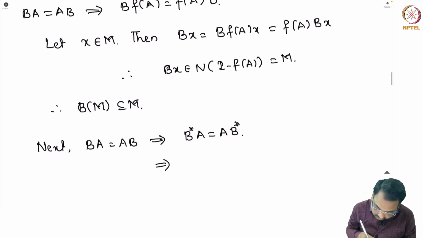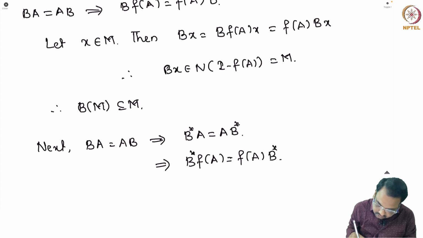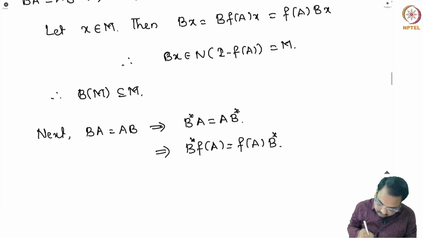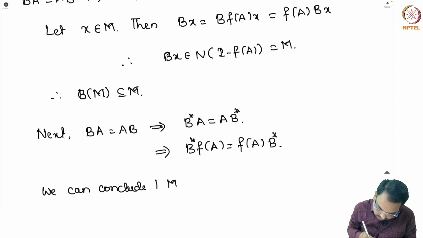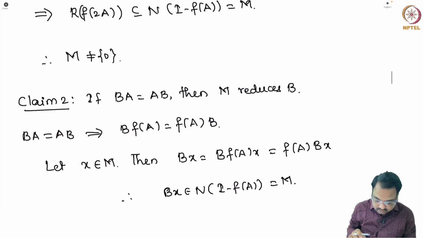So again, from this we can say that B star f of A equal to f of A into B star. Now apply the same procedure as earlier. So we can conclude that M is invariant under B star. Hence we can conclude that M reduces B.